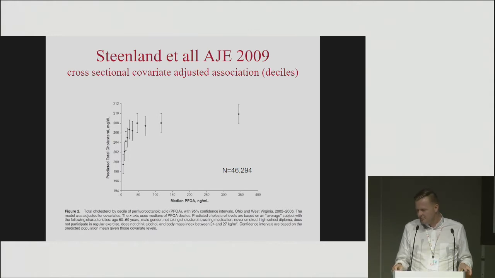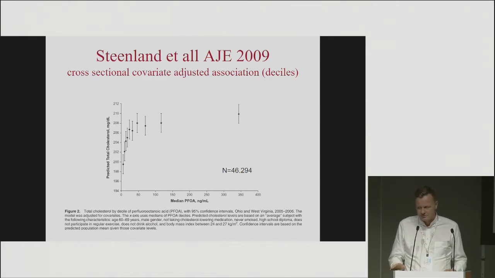But they say the predicted cholesterol levels are based on an average subject following these characteristics. It's a 60 to 69-year-old male, not taking cholesterol-lowering medication, never smoked, high school diploma, does not participate in regular exercise, does not drink alcohol, and a body mass index of between 20 to 24.